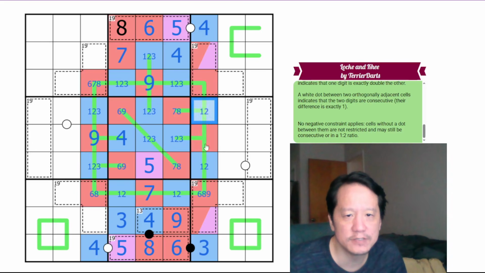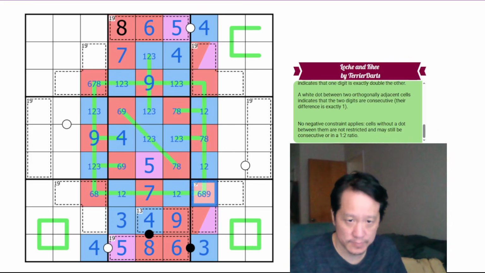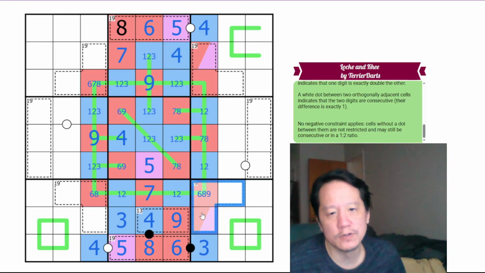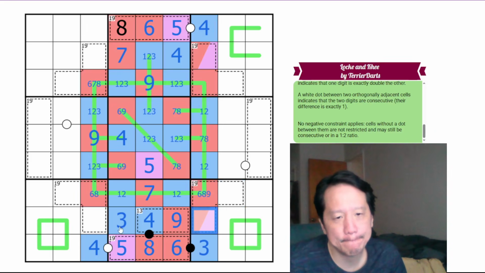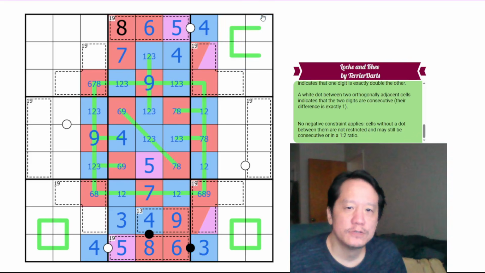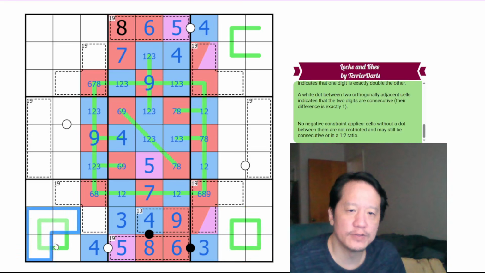This is next to 2 unique digits, so it's 7 or 8. So this has to have 2 highs and 2 lows here. Same with this. Same with this.